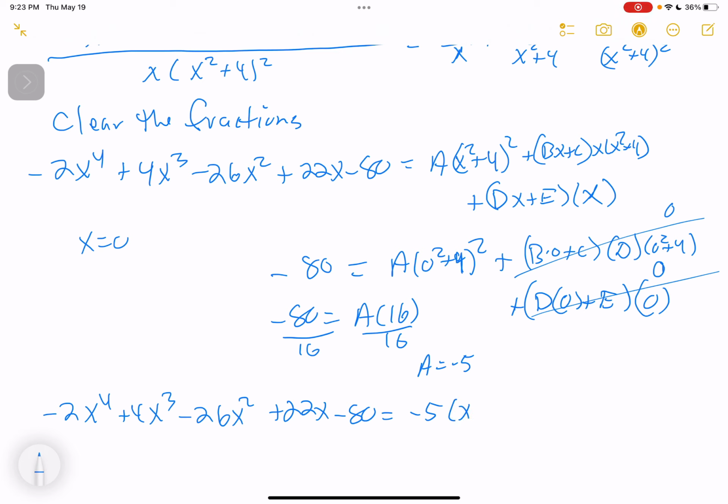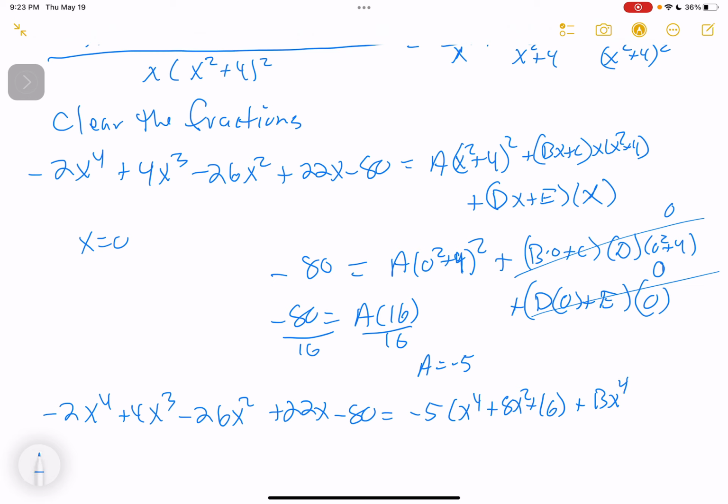That would become x to the fourth plus 8x squared plus 16 plus, and then we have, multiply this out, Bx times x squared is Bx cubed. Sorry, that's Bx times x squared is Bx to the fourth. That makes more sense now.